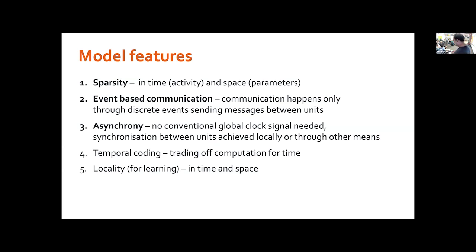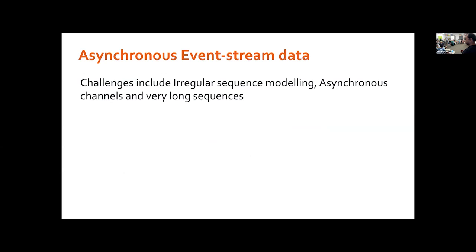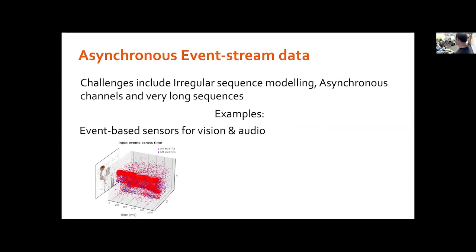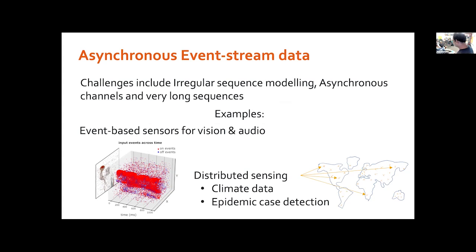And this is really asynchronous, at least in the event processing part. We have all of these nice data sets from DVS cameras, and other data sets like climate data and epidemic case detection, where the data is not on a fixed time grid. It's not that you have an even distribution of the samples across time.